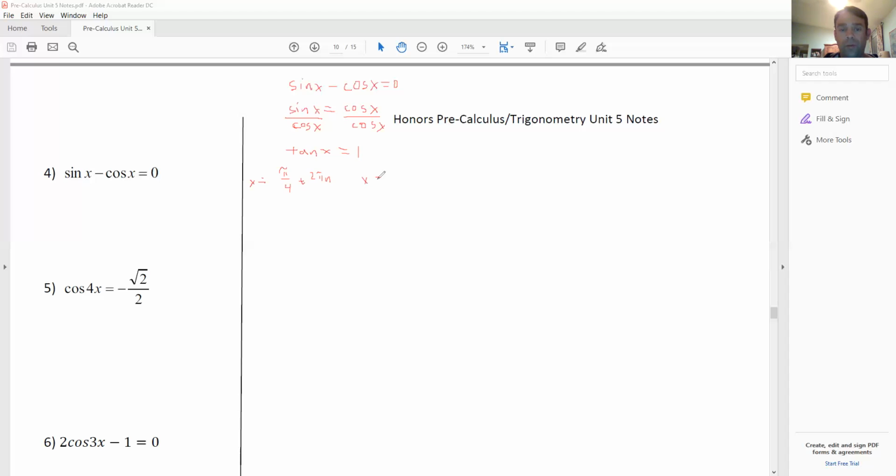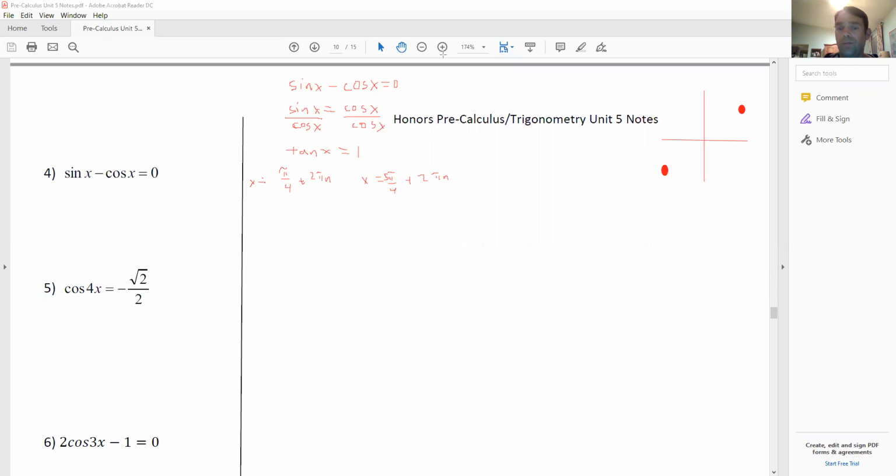There's a reason we're going to be able to link these together, because remember, the period for tangent is actually pi. So that means these two answers right here will link together and be pi apart, because that's the period for tangent. So if I link them together here, you'll see that 180-degree rotation, that pi rotation.